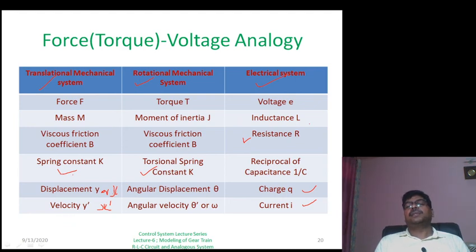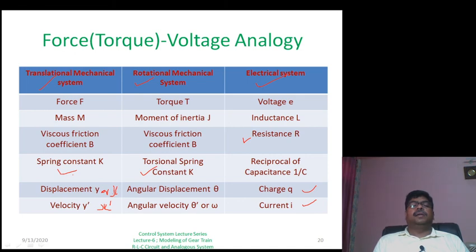Here the inductance L stores the energy, and this is similar to the kinetic energy stored by mass and moment of inertia. Here in this circuit the resistance is similar to the viscous friction forces, and that is similar to the viscous friction coefficient B and the torsional viscous friction coefficient B also.